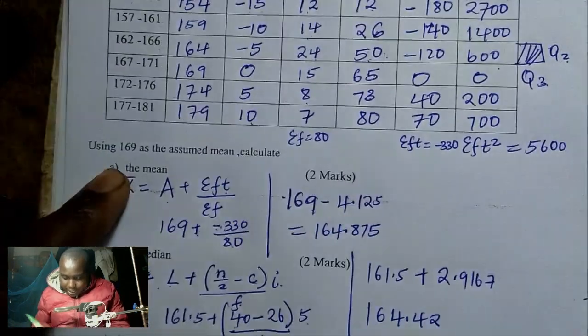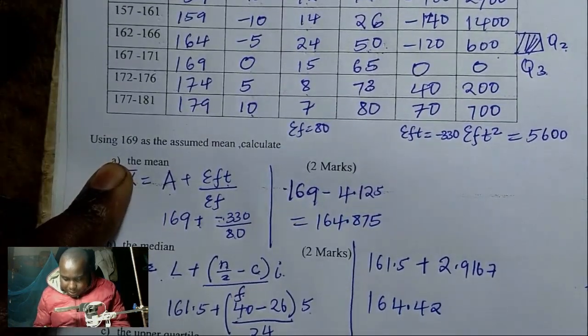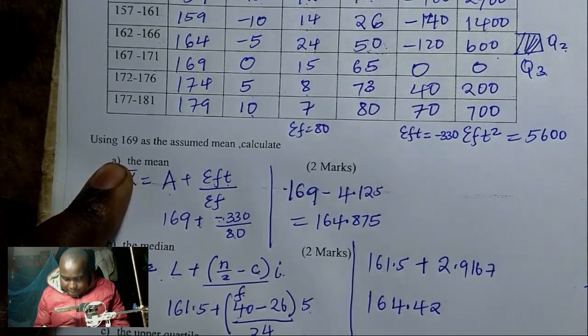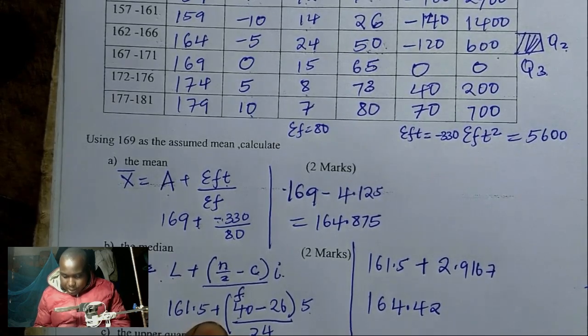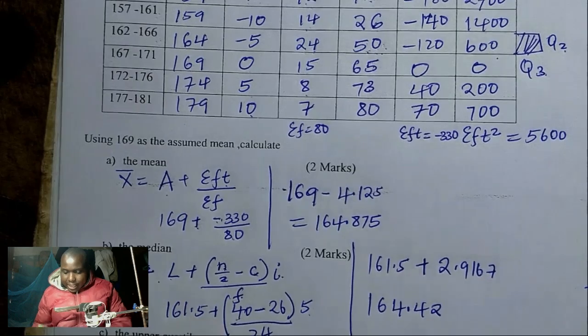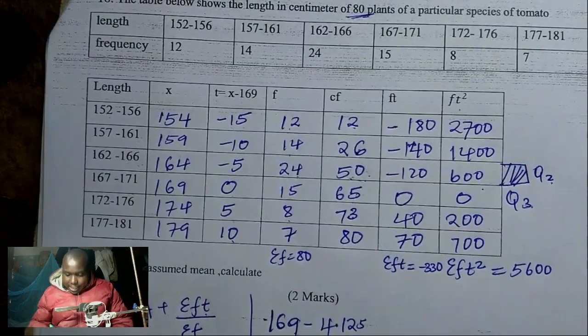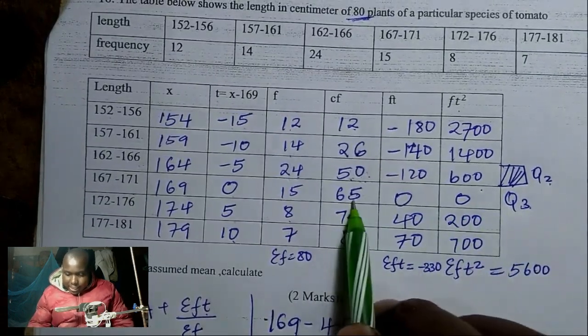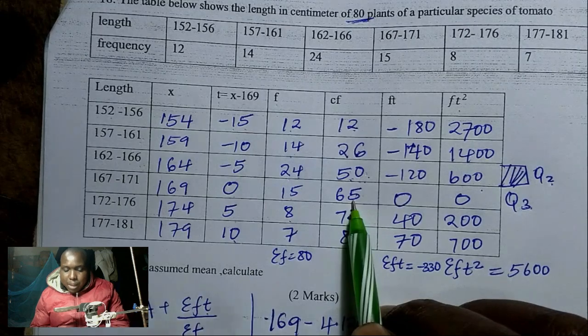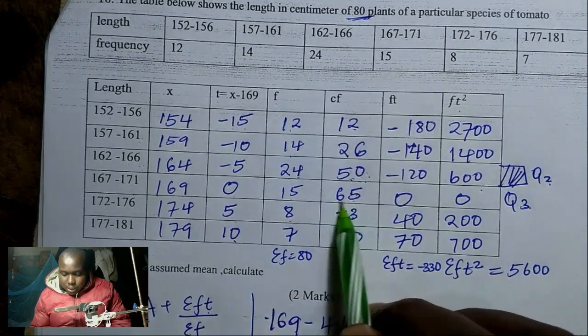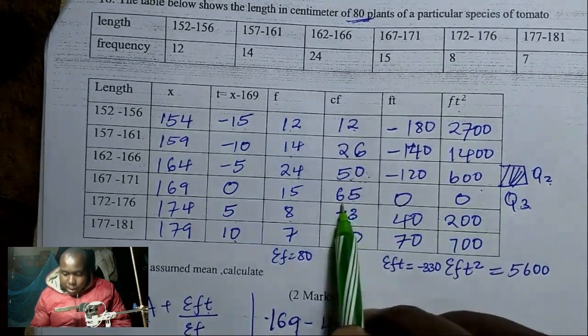So our L is 166.5. Then plus 3 over 4 times 80, actually this one is 60, minus the C. Our class is here. C is the cumulative frequency above the class. Our class is here, Q3, above is 50.